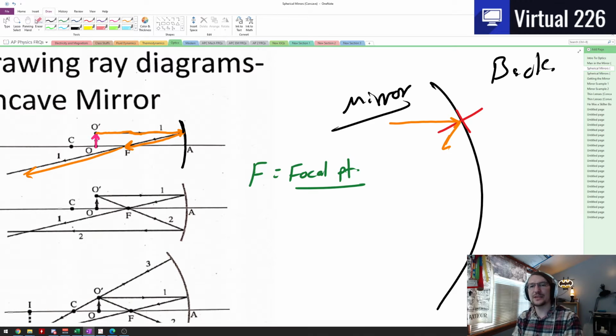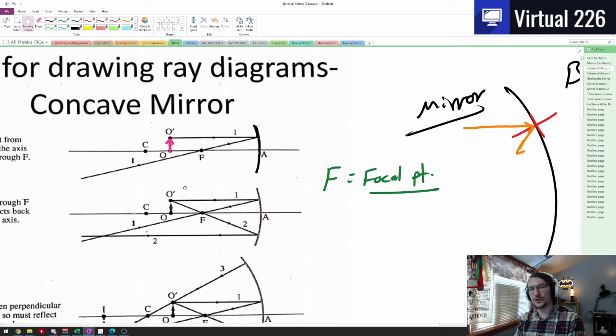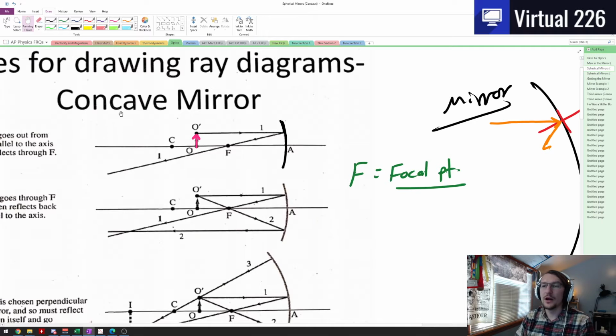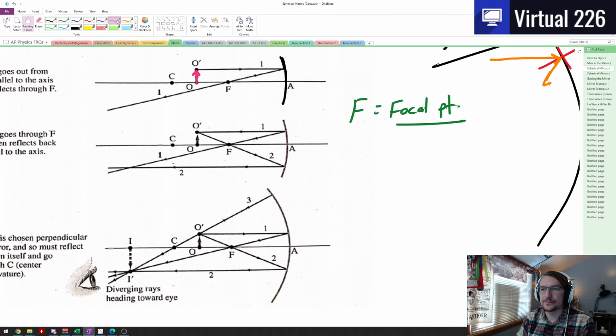Okay? So that's what we see initially for a concave mirror. Our next line we're going to draw takes us initially through the focal point. We're going to drive through the focal point, strike the mirror, and with the same argument as before, this line is actually going to come out flat.